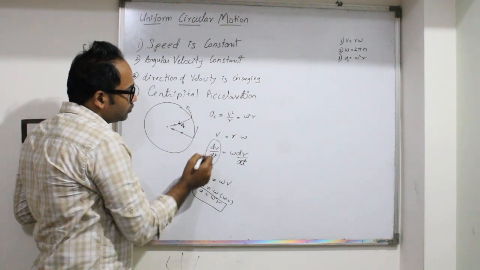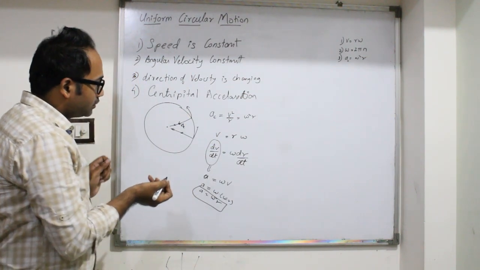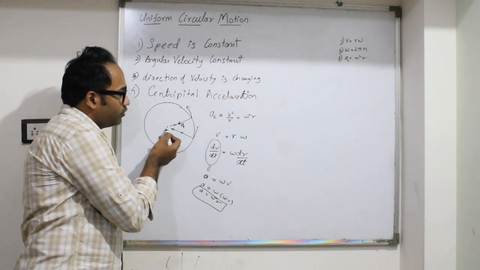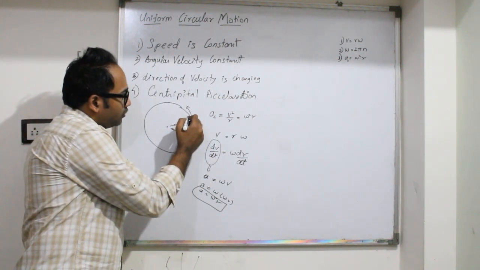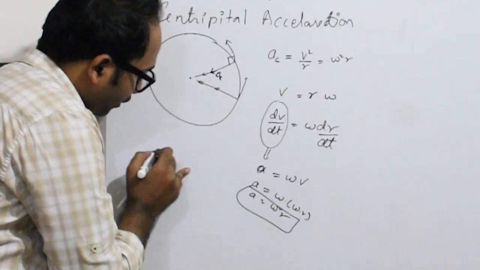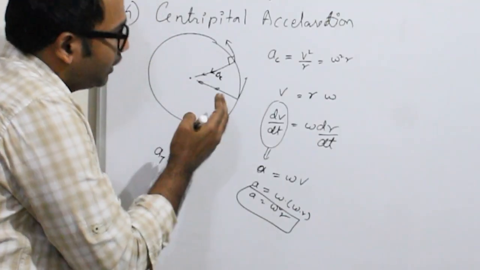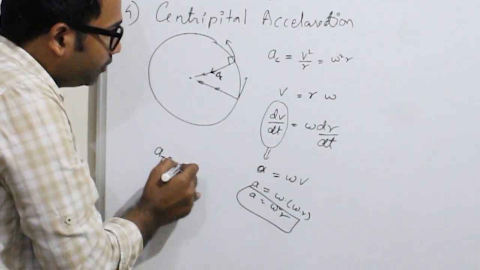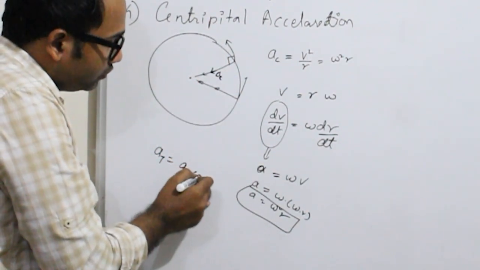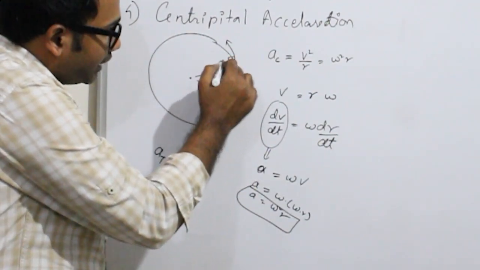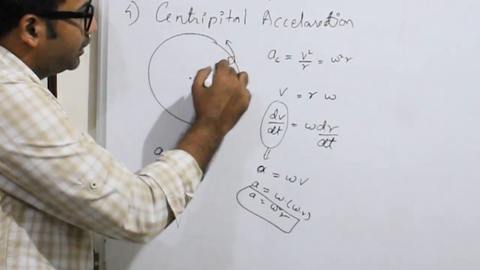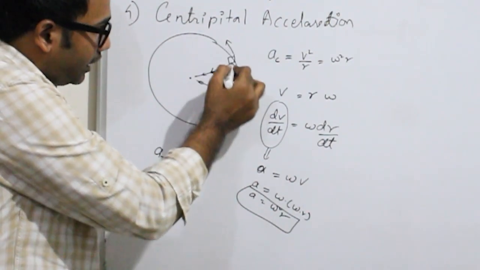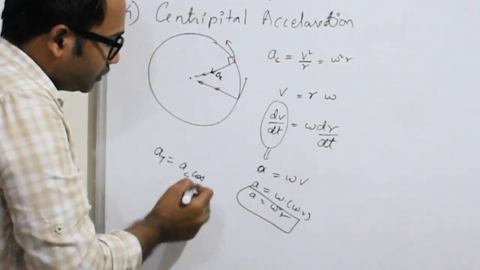See, in this case there is only one acceleration that is taking place, towards the center of the circle. So a_t, along the tangent of the circle, would be a_c into cos of this angle. We are looking at the projection of this acceleration on this side.